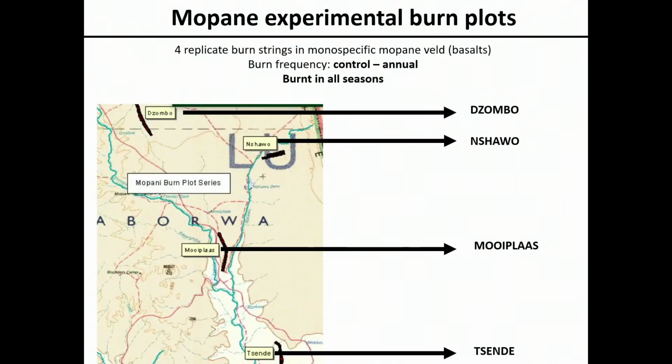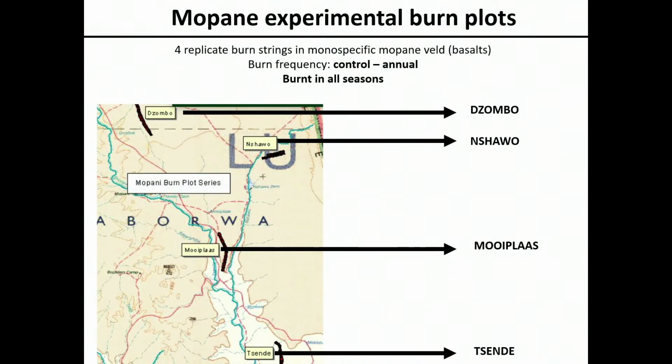And this brings us to the experimental burn plots. The neglected cousins of the southern burn plots are the Mopani experimental burn plots. And this is a fabulous resource. We've got 4 replicated burn strings in this monospecific Mopani veld, all on basalts. And we have this beautiful opportunity to study this range of disturbances on Mopani veld.